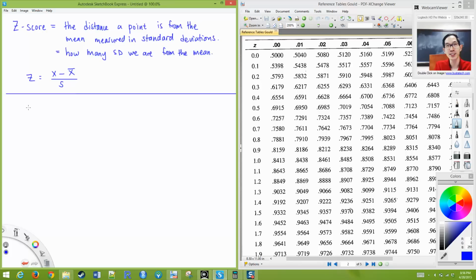It is defined by a mean, and the symbol that we use for mean here is mu, and a standard deviation, and the symbol here is sigma.